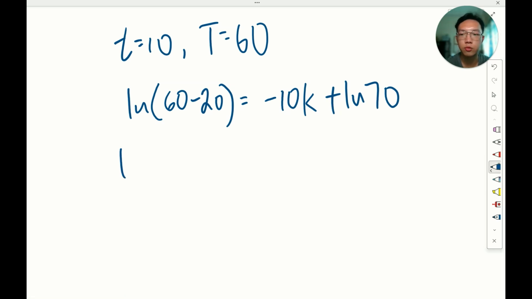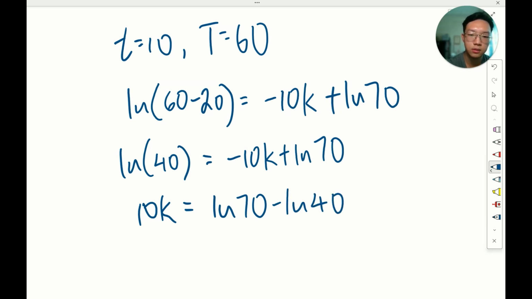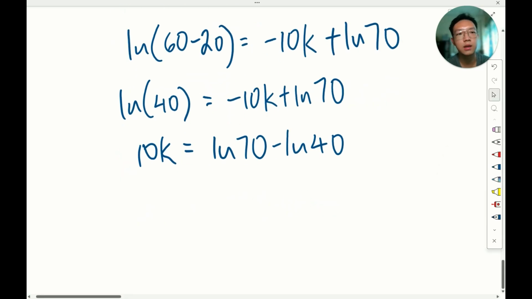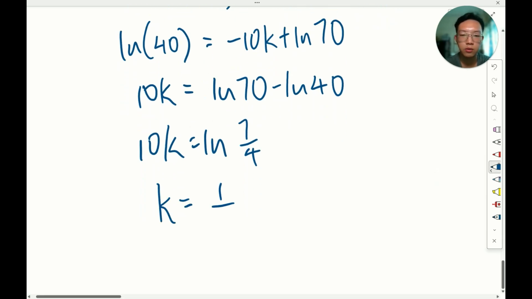Let's use some logarithmic rules. ln 40 equals to negative 10k plus ln 70. We can bring the 10k to the left hand side, equals to ln 70 minus ln 40. And because they are connected by a negative sign, we can change them to a divide. ln 70 over 40 on the right hand side, which simplifies to ln 7 over 4. So we have 10k equals to ln 7 over 4. Make k the subject, we have 1 over 10 ln 7 over 4.